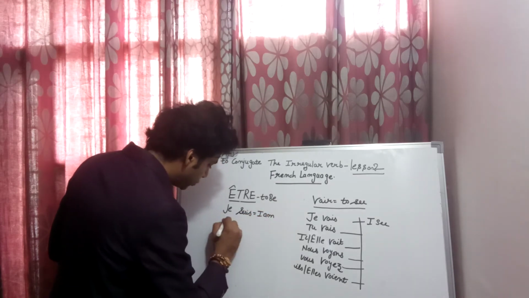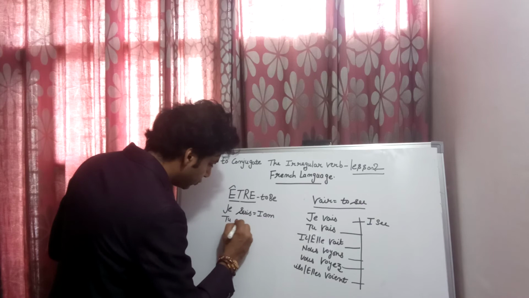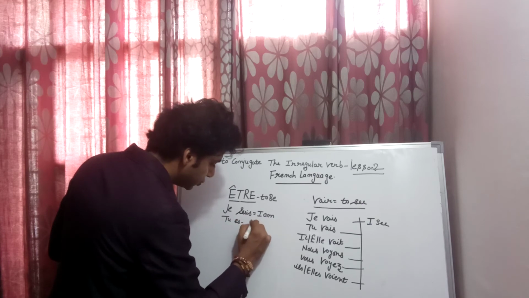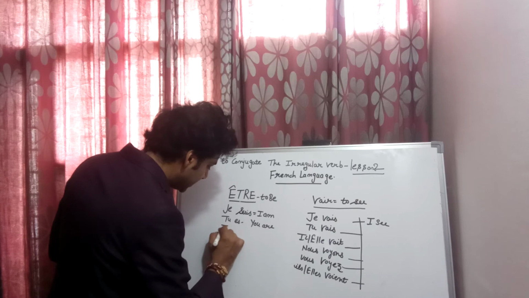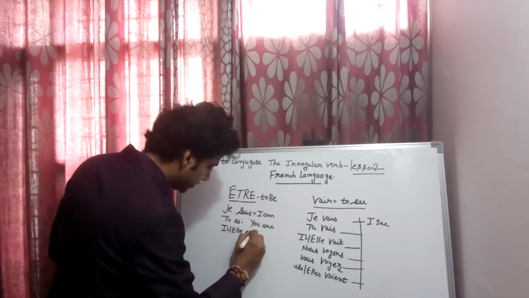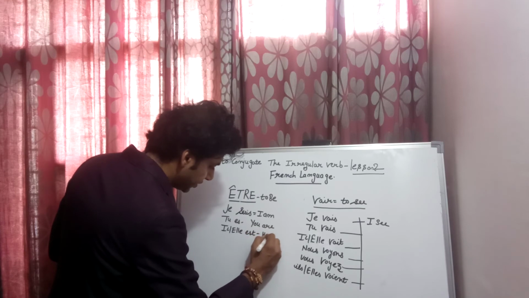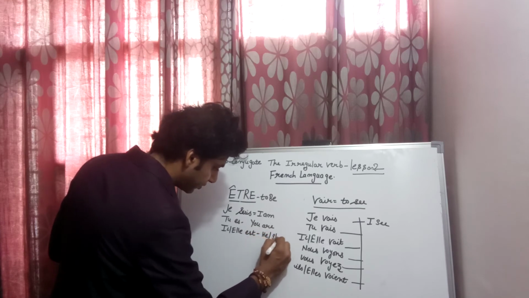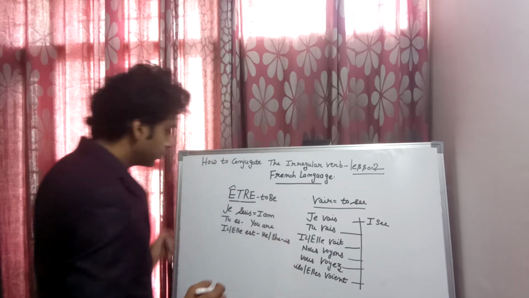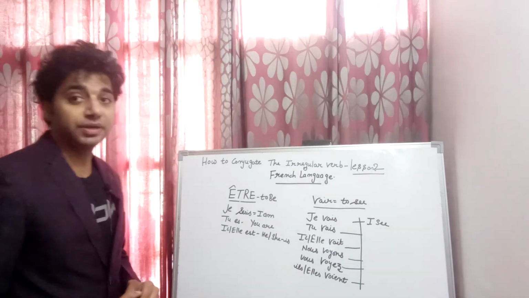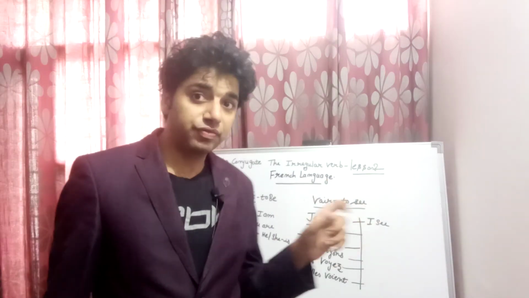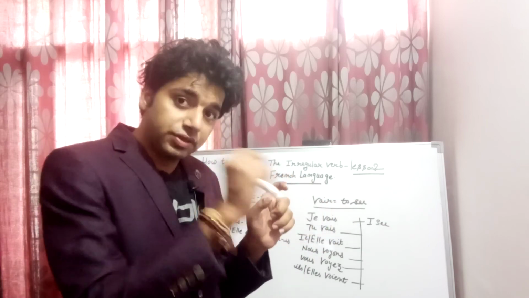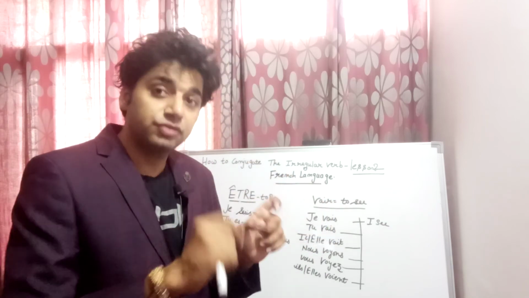Tu es. Tu es is you are. Il, elle est. Elle is, he is, she is, c'est clair. So we have je suis is to I am, because we have I am, you are, he is. We also have different endings. I with am, you with are, he with is, she with is, we with are.